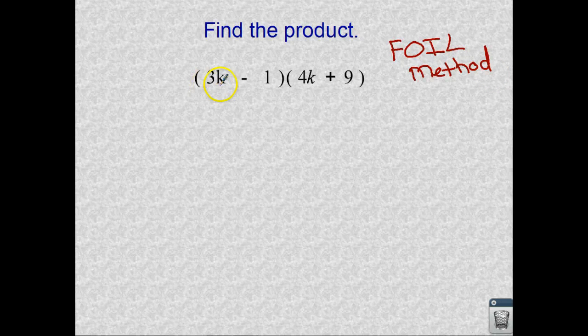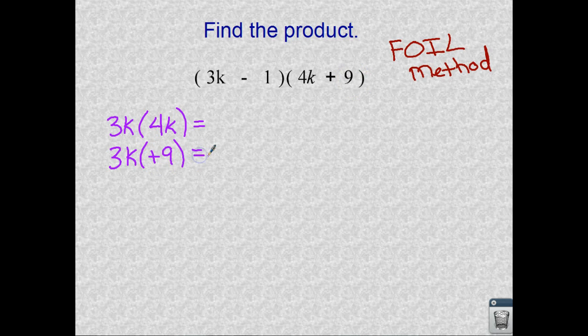So 3k multiplied by 4k and 3k multiplied by 9. Negative 1 multiplied by 4k and negative 1 multiplied by positive 9.